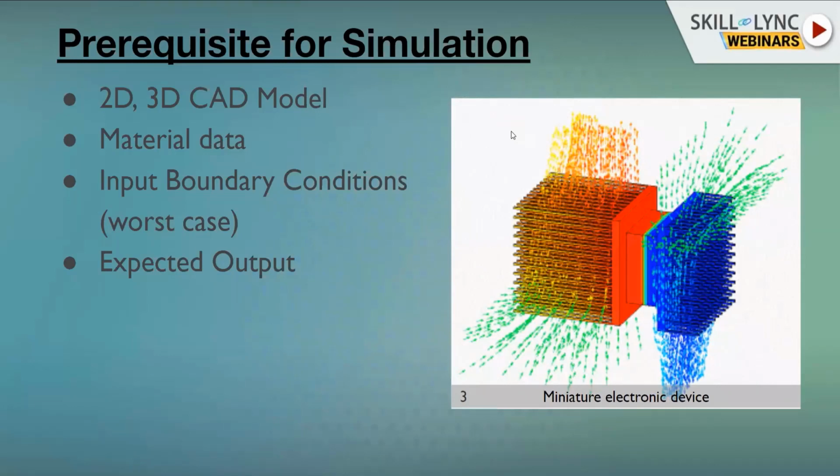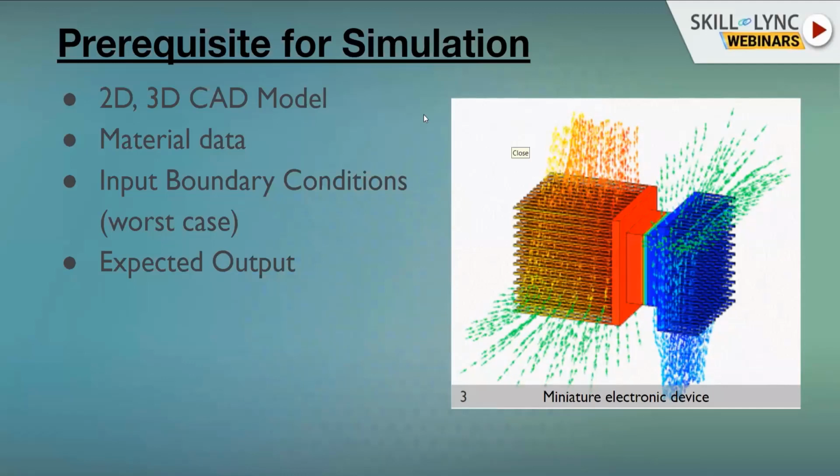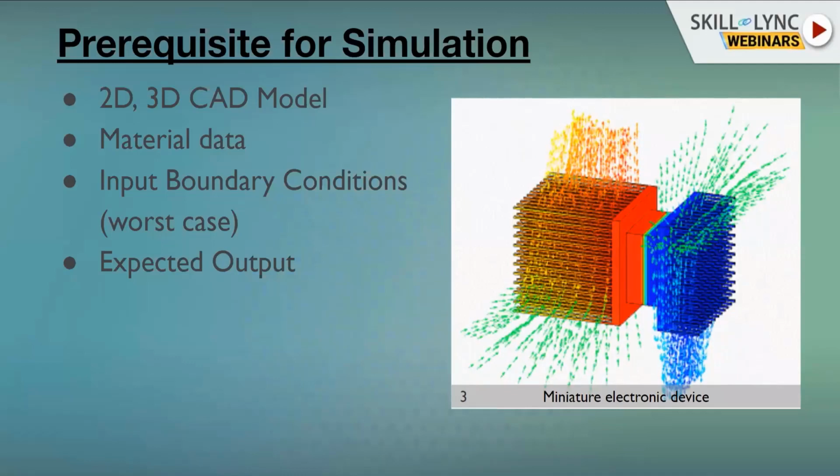What is the expected output from the structural point of view? Stress and strain. So these are the prerequisites needed for simulation. We gather a lot of information before starting the analysis, before building the model. Next slide, please, Ms. Saisoma.